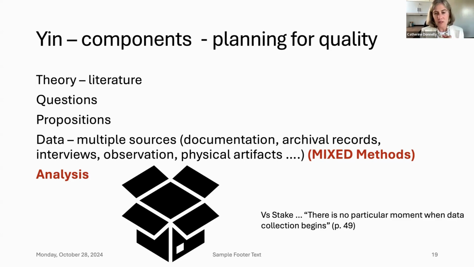So, multiple sources of data. Oftentimes people use lots of documentation, program documents, interviews, observation, physical artifacts, lots of different things.